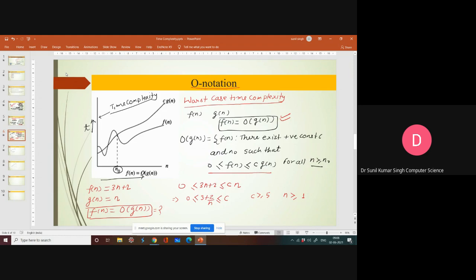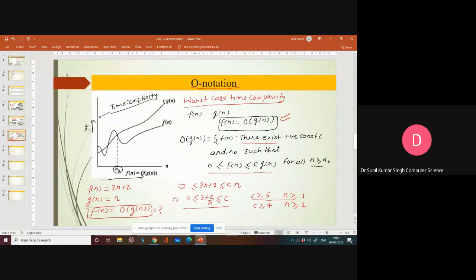Maybe you can read here, there exists. So it is not necessary that you have to take c equal to 5 only. Maybe we can take c greater than or equal to 4. Then in that case, n must be greater than or equal to 2, right?